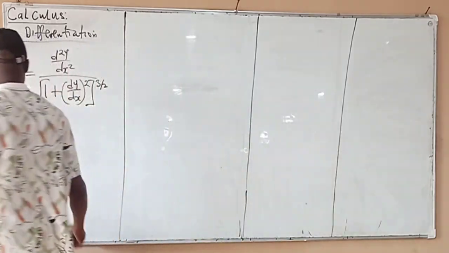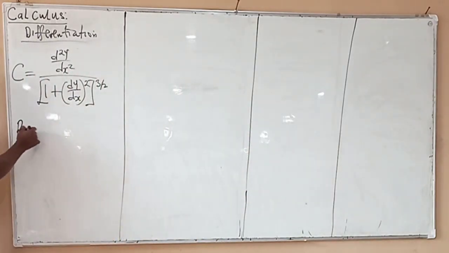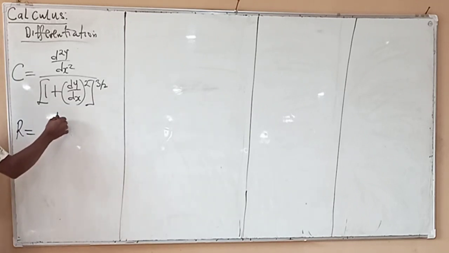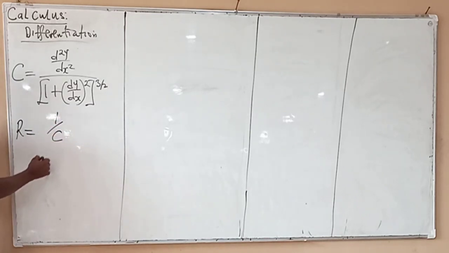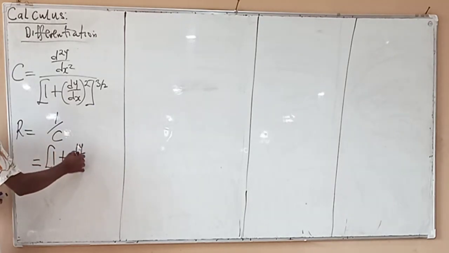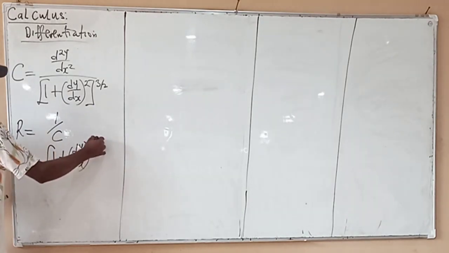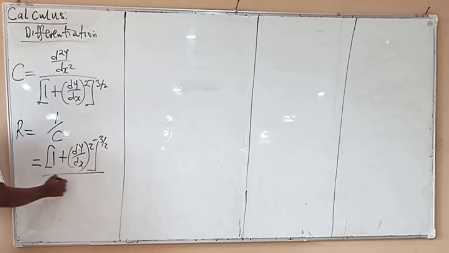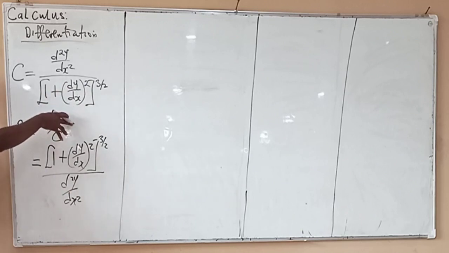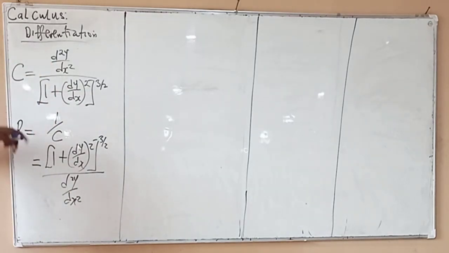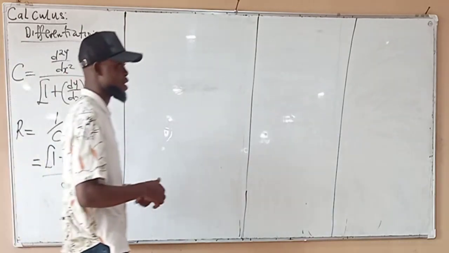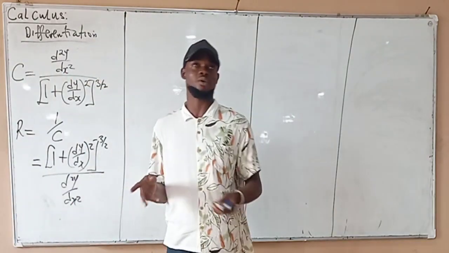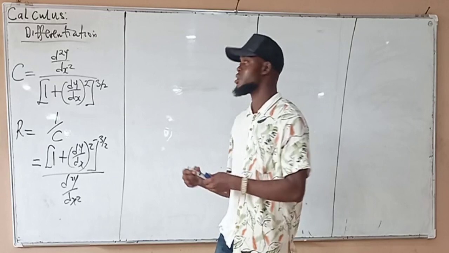While the radius of curvature is equal to 1 over curvature, so 1 plus dy over dx squared, everything to the power 3 over 2, then over d squared y over dx squared. You just take the inverse of the curvature, and that gives us the radius of curvature we're talking about.